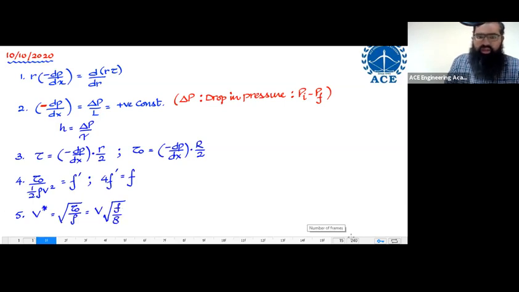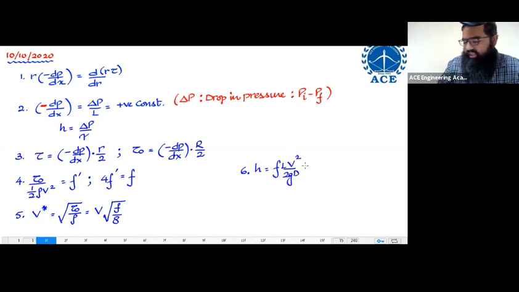Lastly, a very, very important equation is the Darcy-Weisbach equation. The value of major head loss in every internal flow through a pipe, as the flow is steady and fully developed, is given by f L V square by 2 g D. Also, in terms of discharge, it is going to be 1 by 12.1 f L Q square by d power 5.